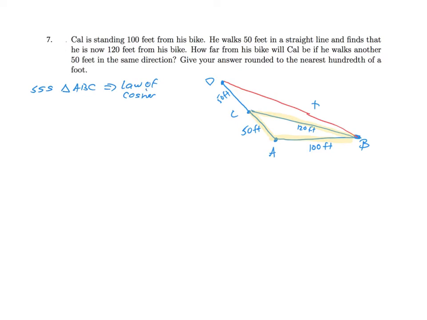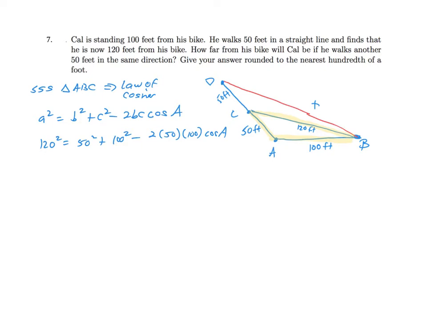So let's do that. Remember the law of cosines: a squared is equal to b squared plus c squared minus 2bc cosine of angle A. So in this case, we have 120 squared is equal to 50 squared plus 100 squared minus 2 times b, which was 50, times 100, which is c, times cosine of A. If it helps, I can label these lengths.